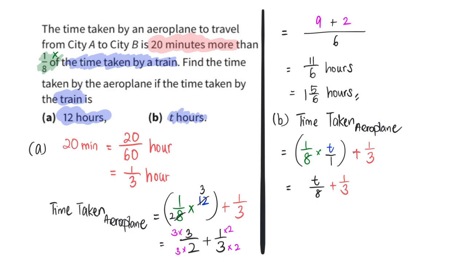But if you want to continue to simplify it, which I advise you all to, then we can make them the common denominator, times 8, times 8, times 3, times 3, so that the final best possible answer will be over 24. 3 times t is 3t plus 1 times 8, 8, hours.